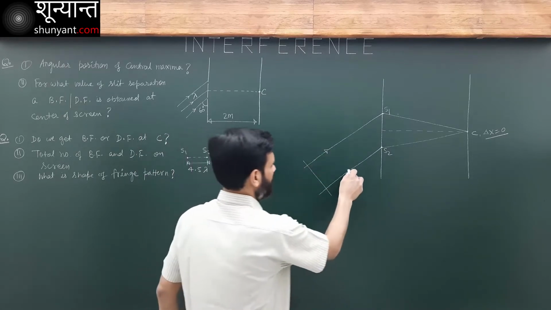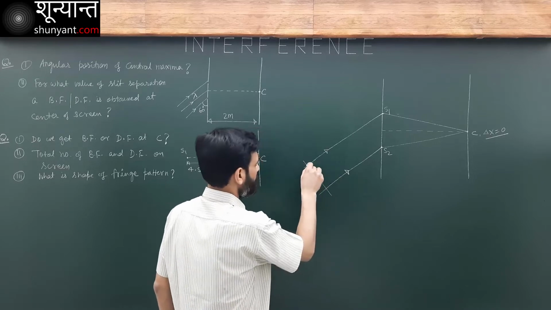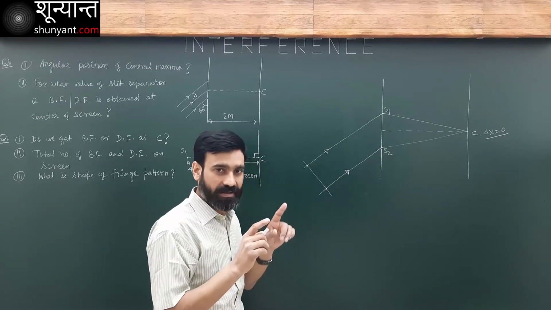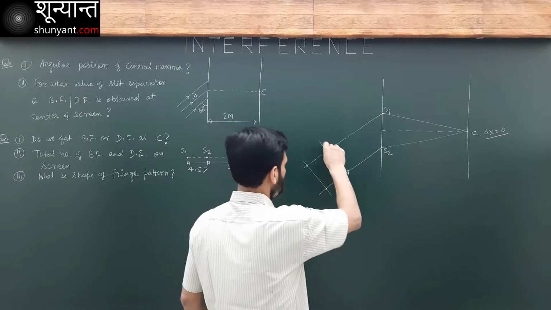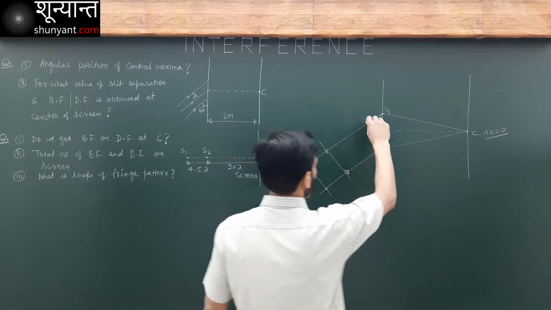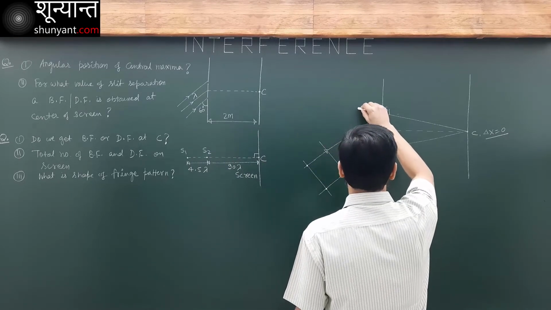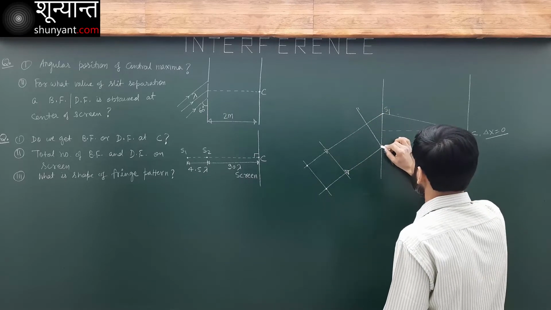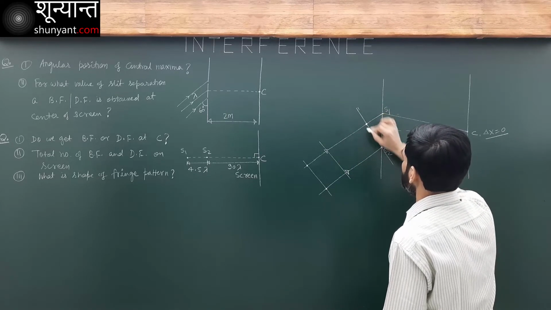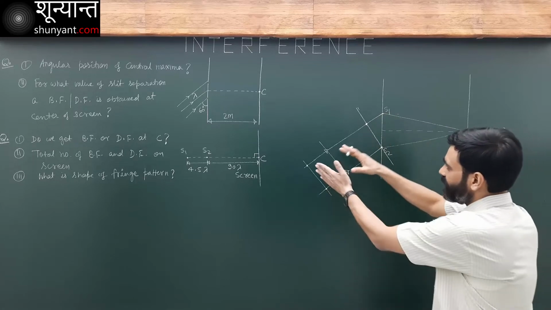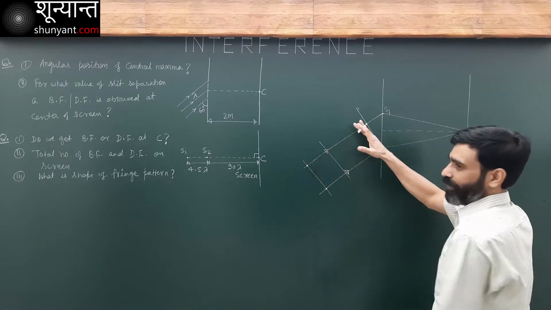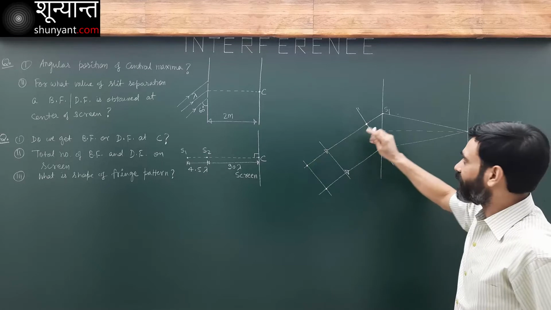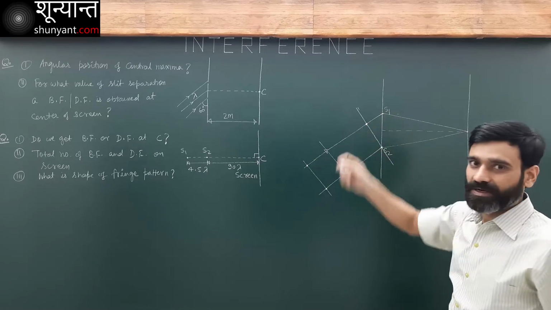What is the meaning of wave front? These two points are in the same phase. Similarly, these two points are also in the same phase. There is no path difference up to this point, but after this point, the phase starts to change.